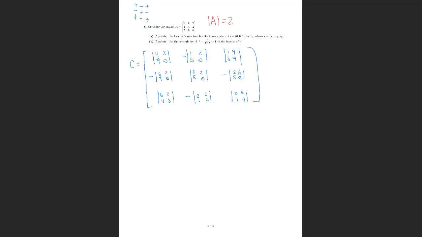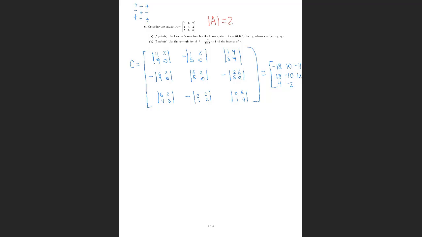Great. So let's just do these determinants real quickly. First one is negative 18. This one's 10. Negative 11. 18. Negative 10. 12. 4.